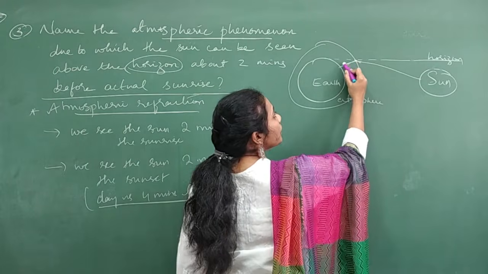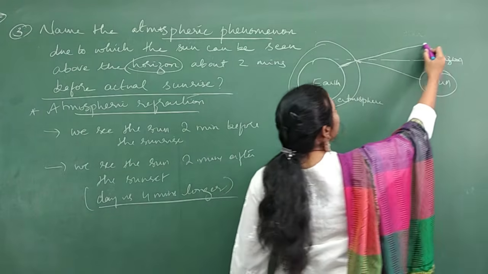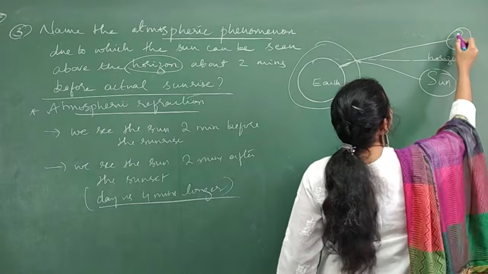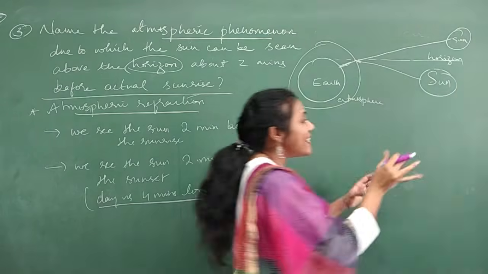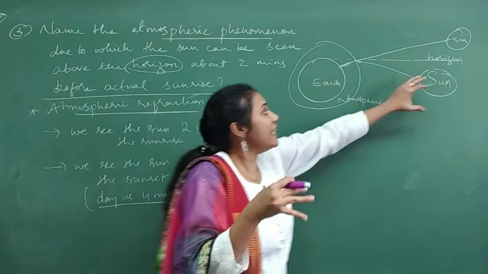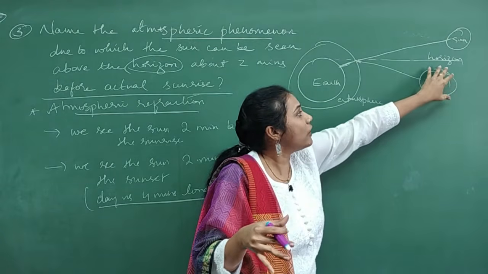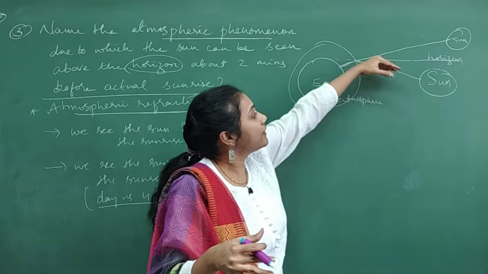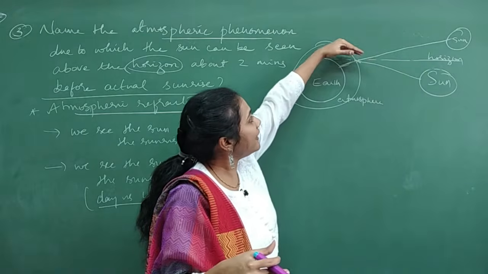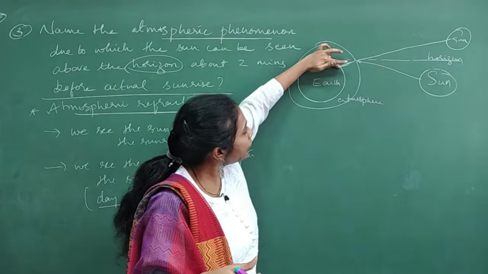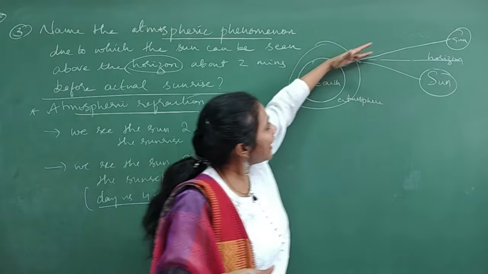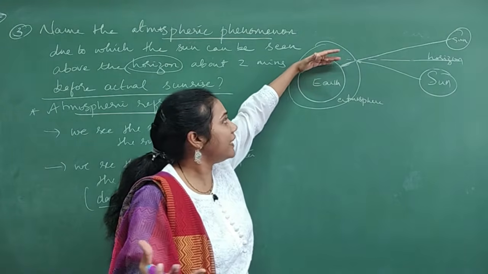Now if you project this refracted light, here you would see your sun, right? Sunrise did not occur, but still the sun is here, very much below the horizon. The moment the light reaches the atmosphere, it undergoes refraction, so the refracted ray is what you observe with your eyes.